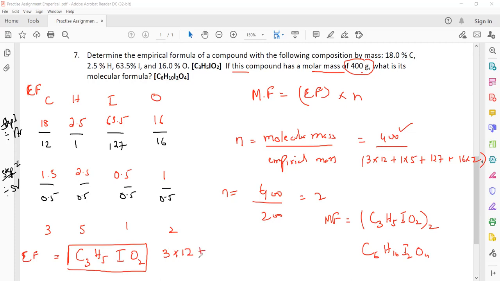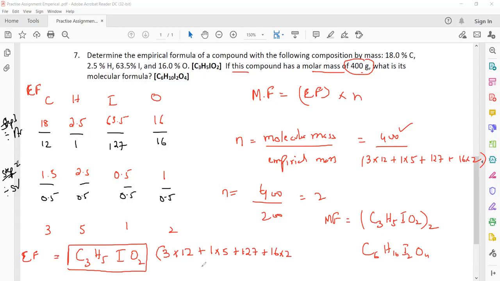Plus it contains 5 hydrogen and the mass of each hydrogen is 1, so it will be 1 multiplied by 5. Plus iodine, the mass of one iodine is 127, plus it contains 2 oxygen, so it will be 16 multiplied by 2, which is 32.